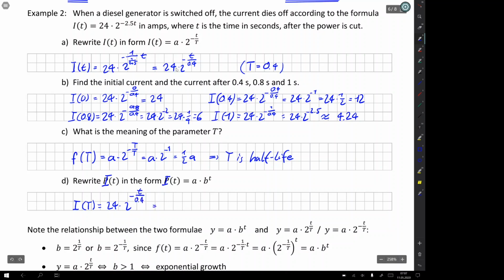So we said that's the same as 24 times 2 to the power of minus 1 divided by 0.4, to the power of t, which is approximately 24 times 0.177 to the power of t. And sorry, this here should be small t, not capital T.